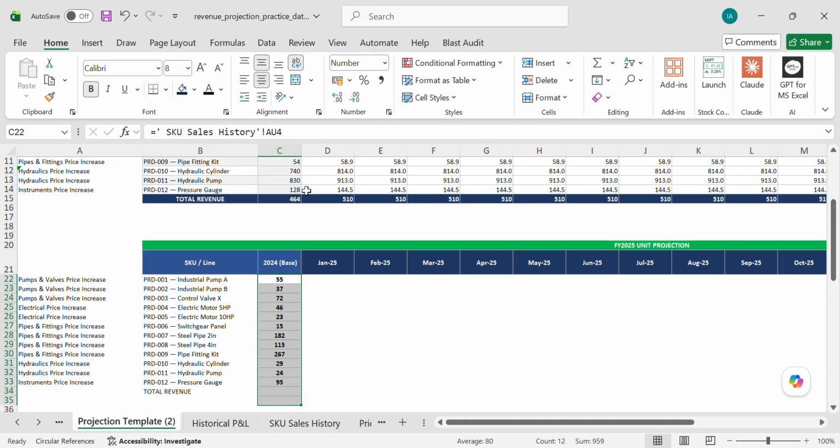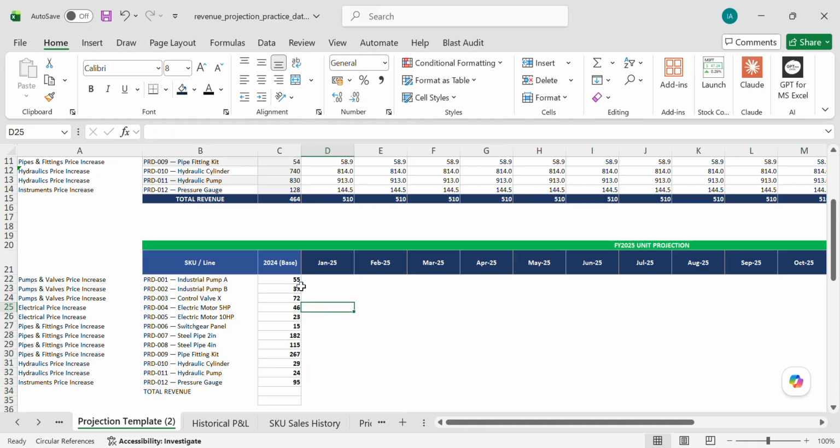Good. So this is the average quantity month on month for the year 2024. So I will do the increment based on this month on month growth rate times.